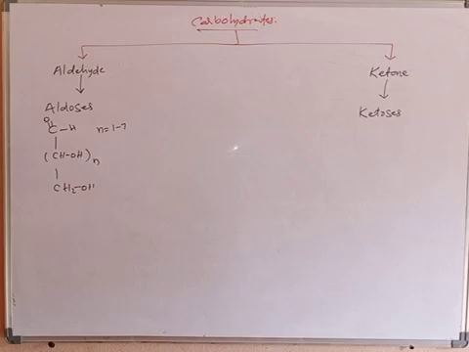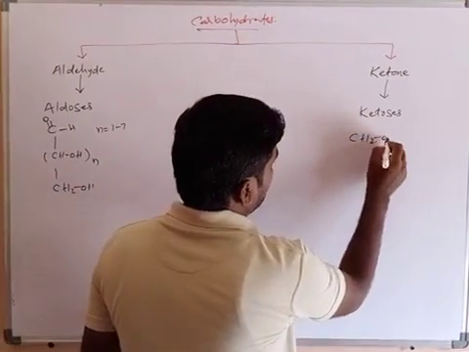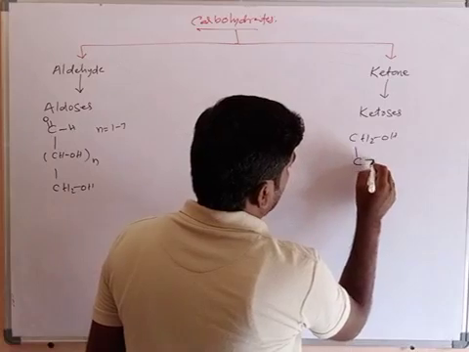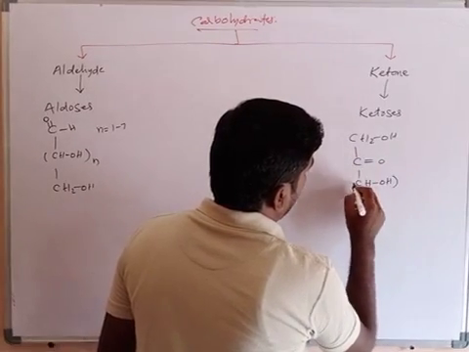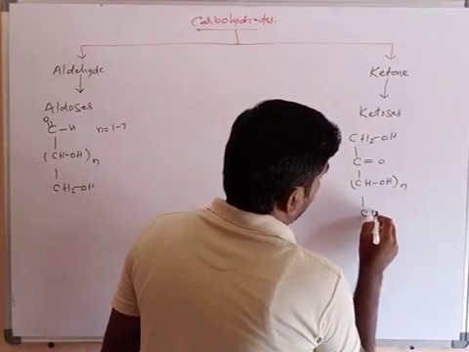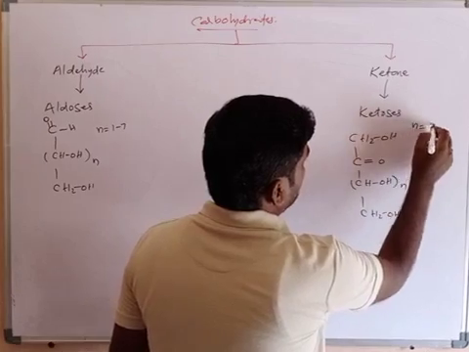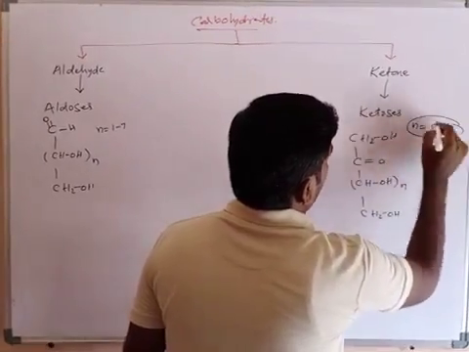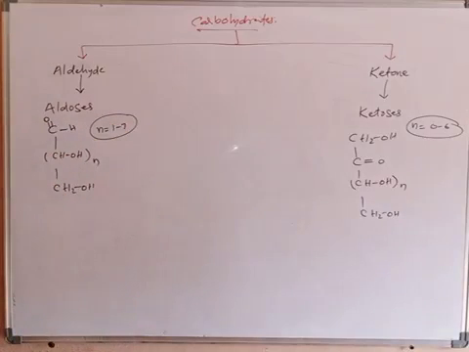Next, ketoses: CH2OH, the ketone group CO, (CHOH) taken n times, CH2OH. Here n is equal to 0 to 6.